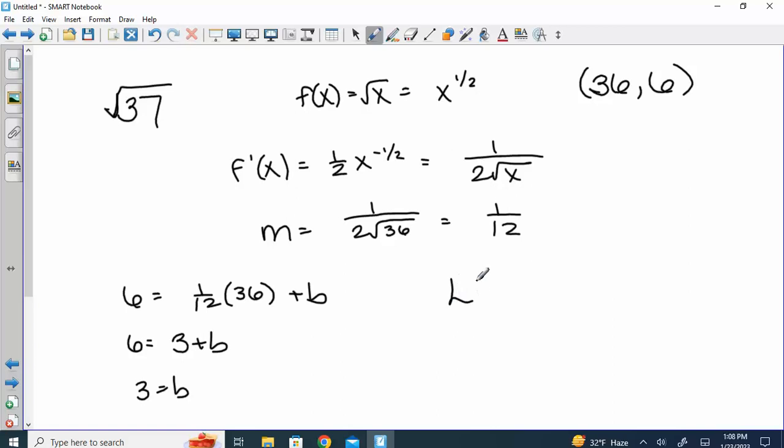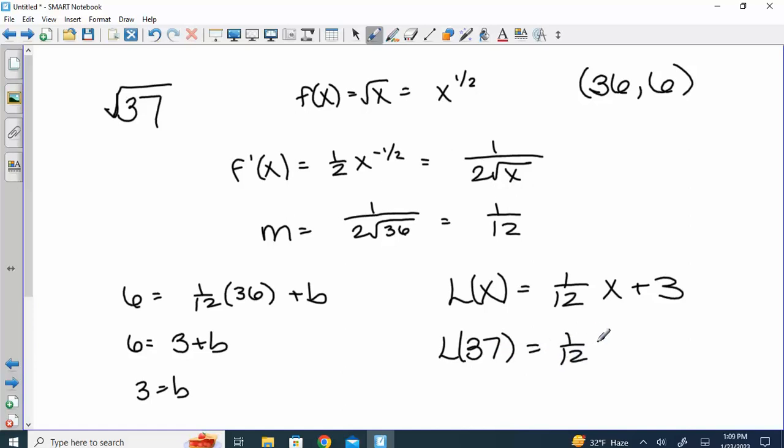So my linear approximation is x/12 plus 3. If I asked you to actually approximate the square root of 37, you're just plugging 37 in and getting your answer from there. 37 divided by 12, plus 3.